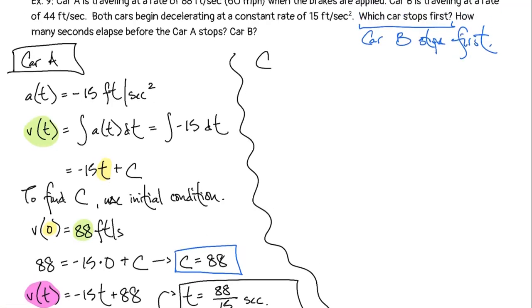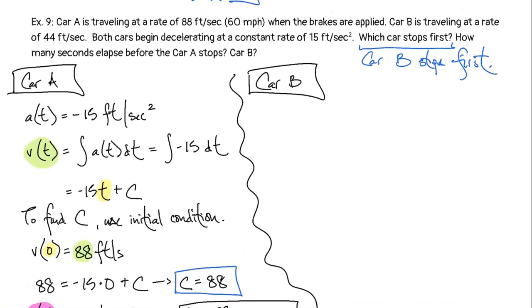Well, let's do something similar for car B. We're going to do the same thing again, but we're going to modify. We're going to see what we change for car B and what stays the same. Let's start with this first line, the acceleration function. Is the acceleration function the same for car A and car B?